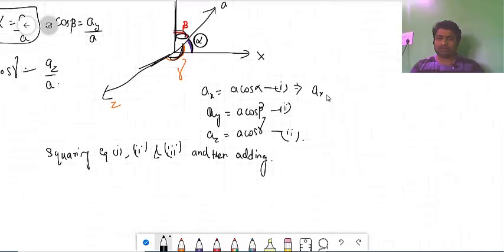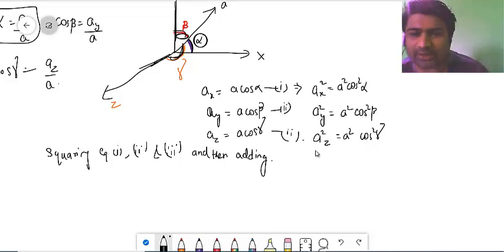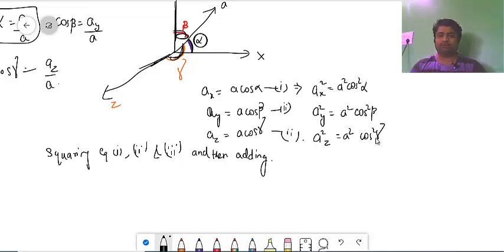a x square, cos square alpha. Similarly, a square y, a square cos square beta. Similarly, a square z, a square cos square gamma. Okay, a square x, a square cos square alpha, it will become like this.